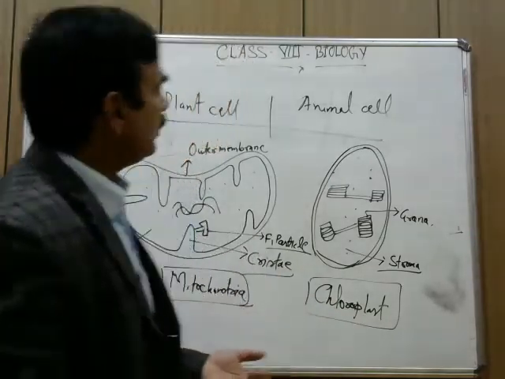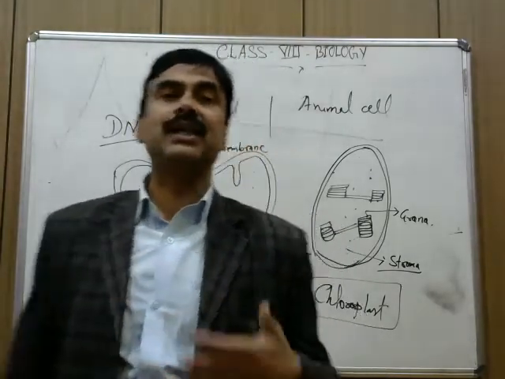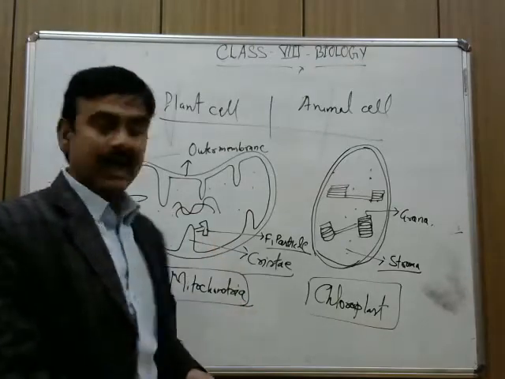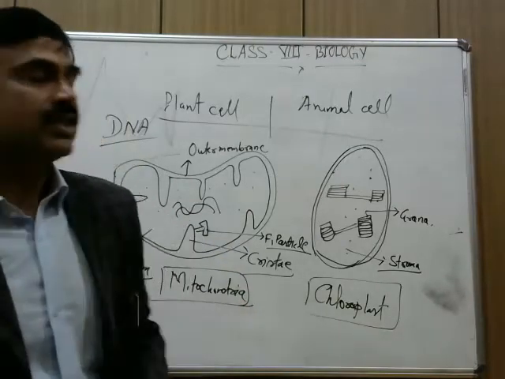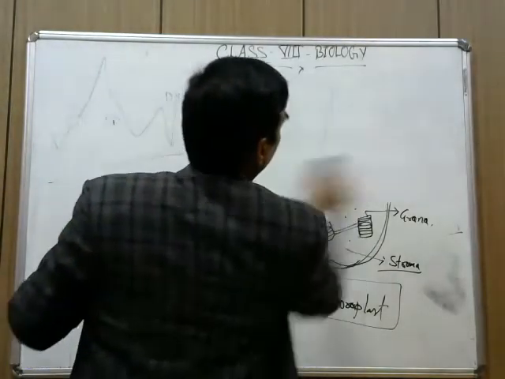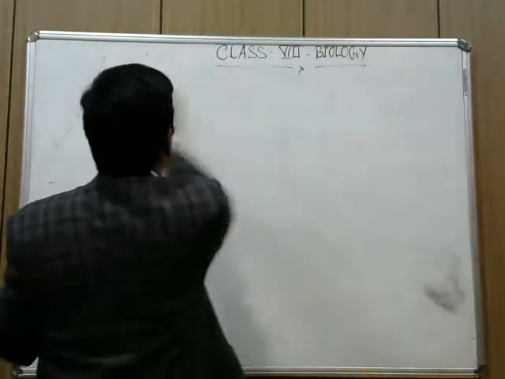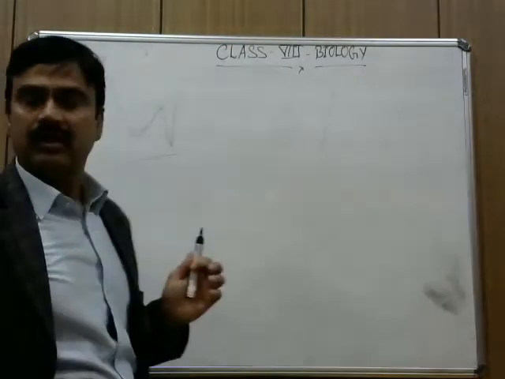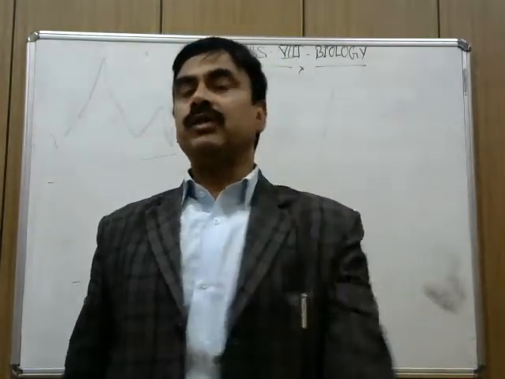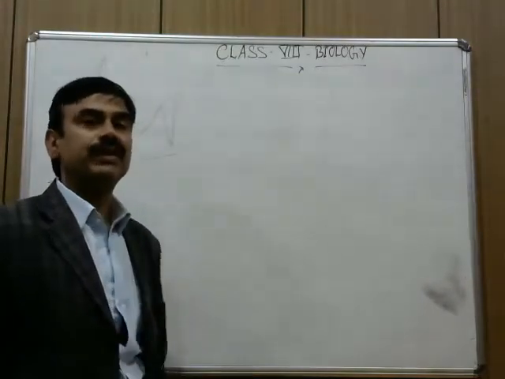Okay, so when you have to write the differences between plant cell and animal cell, you have to write in a different way, through the difference table. So you will be making the table of differences between plant cell and animal cell. But today I'm going to show you how to make the table of the function of different cell organelles.